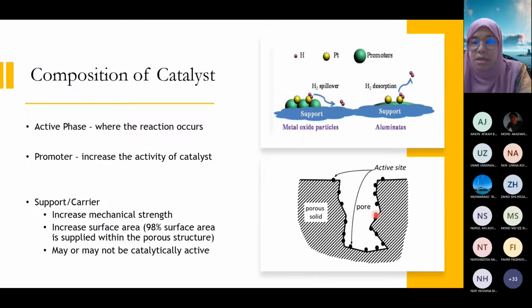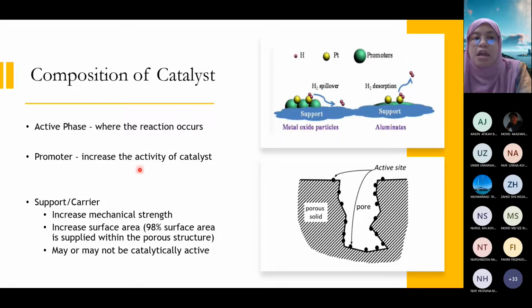This introduction is quite long. Okay, this is the composition of catalyst. The active phase is where the reaction occurs. This is what we will look at later: where is the active phase?